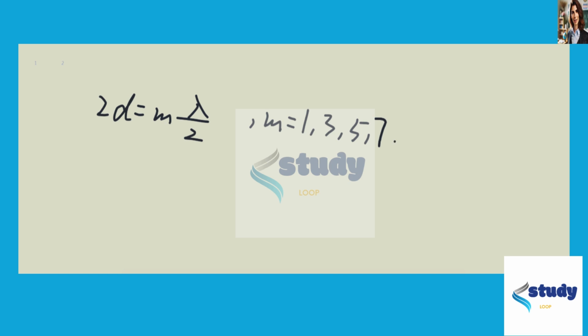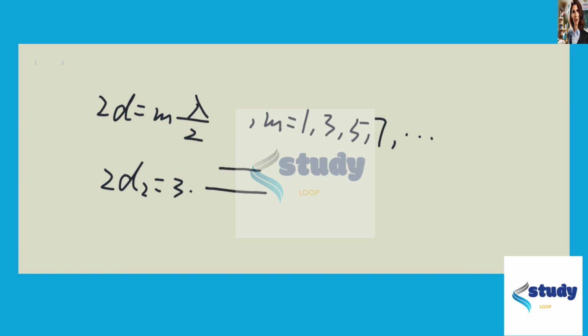It's all odd numbers when it's constructive interference. We already picked the first one as 1, so the second one must be 3. So 2D2 equals m, which is 3, times lambda.